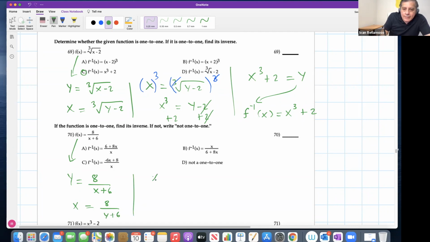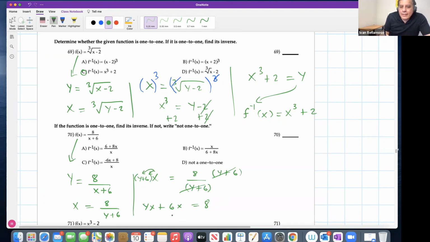So for that, I'm going to multiply both sides of this equation by this binomial y plus 6. So y plus 6 in both sides. Multiplying, here they will cancel. This will be just 8. Here we will have y multiplying x plus 6x.